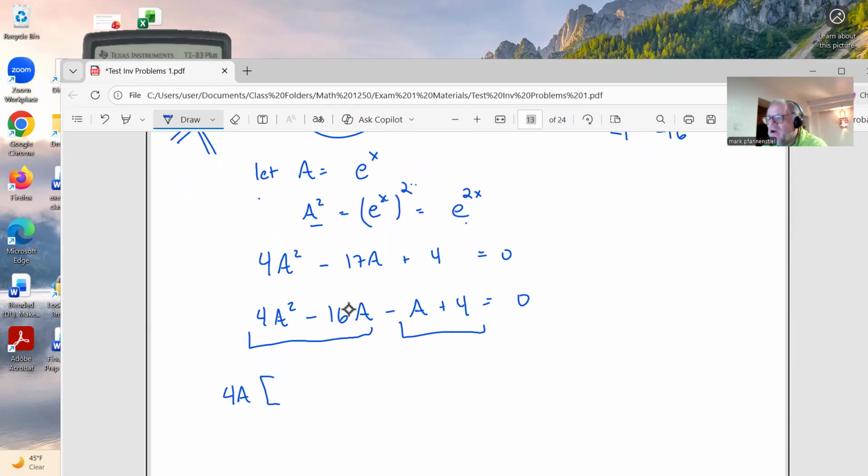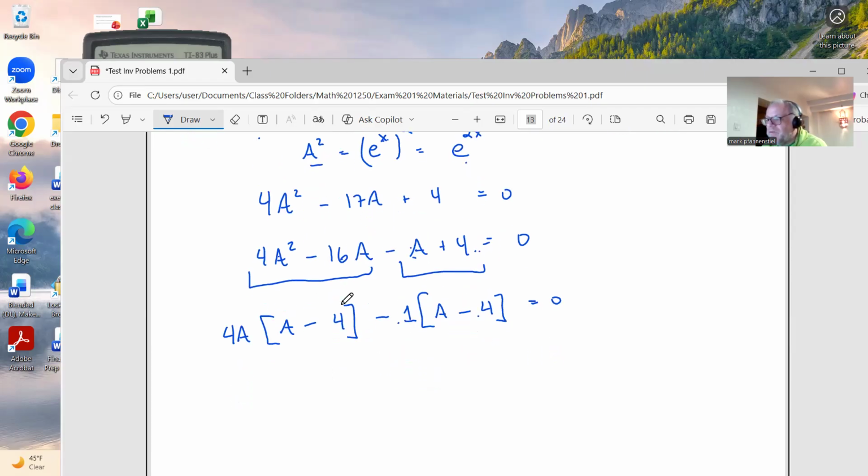We have 4a, and what do we have left? We pulled the 4 and an a, so we just have a minus 4. In the second pair I want to pull a minus 1 out of both terms. That gives me a positive a, and because I pulled the minus 1 out, we have a minus 4. If I multiply this back in, I should get back what I have on the line above.